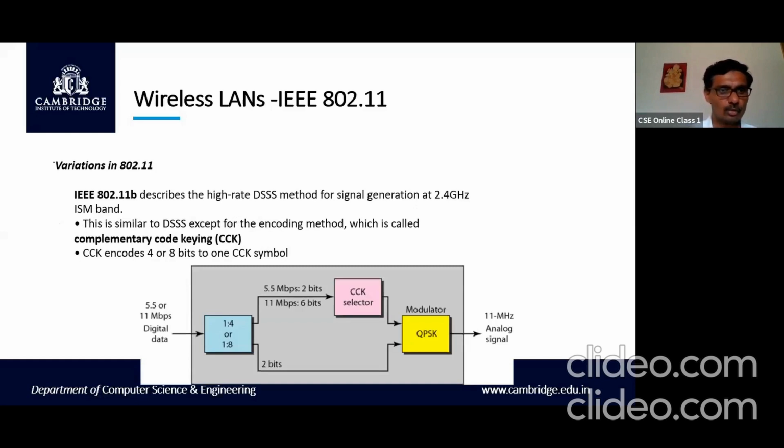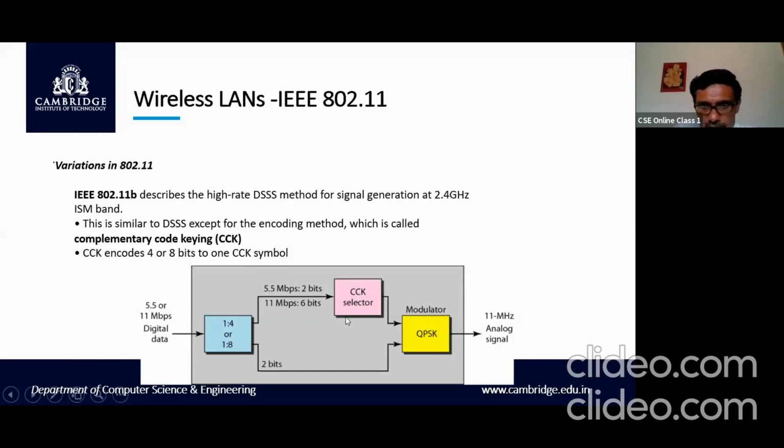Then we have 802.11b, one more variation. Here also DSSS, direct sequence spread spectrum, is used. But one small change here: for encoding you have complementary code keying.